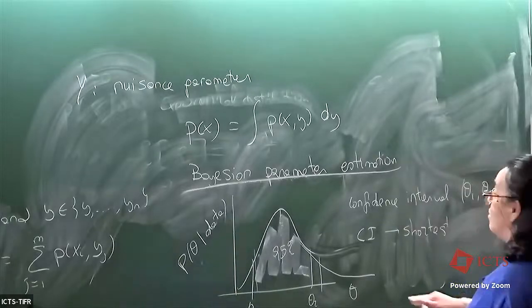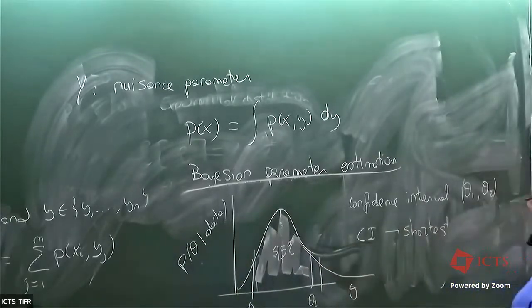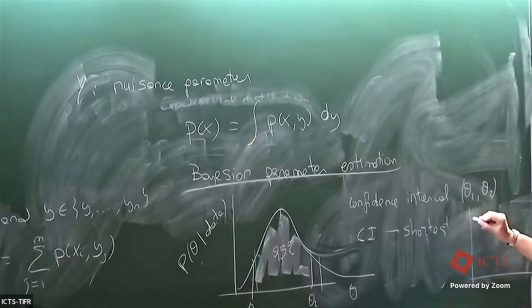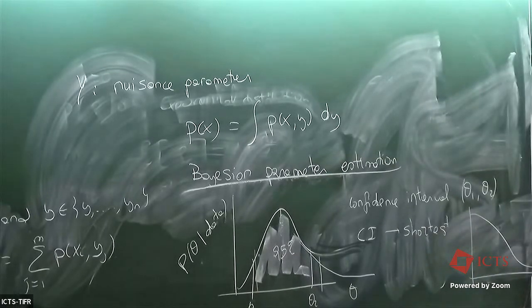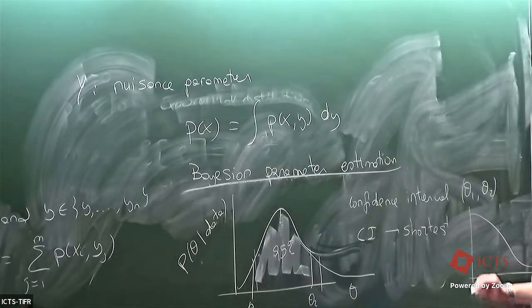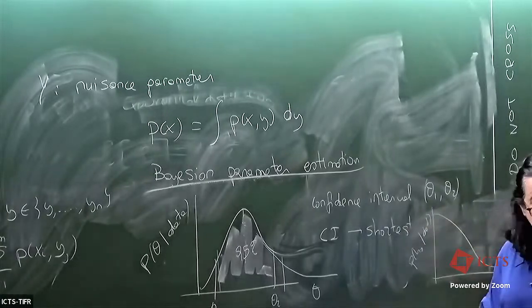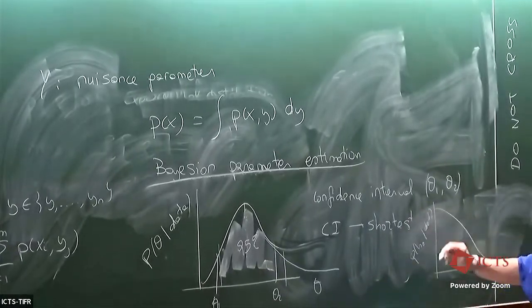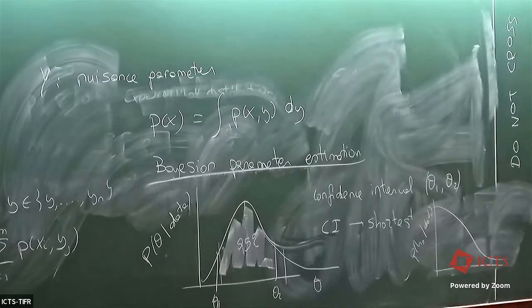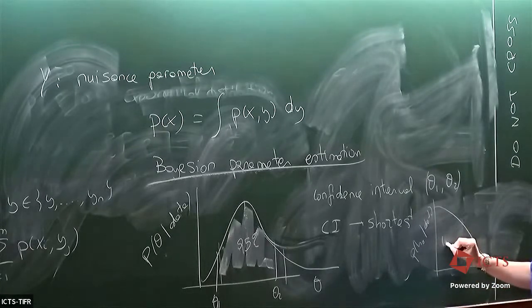Of course, I could have many other posterior probability distributions, like whatever thing in which I don't have a clear maximum, and then maybe I'm talking about the amplitude of the signal. So then I have not detected the signal. And if I have not detected the signal, instead of talking about confidence intervals, I might end up talking about upper limits.